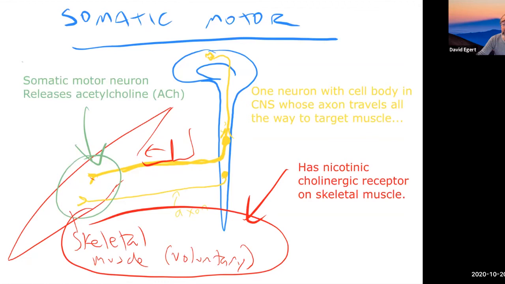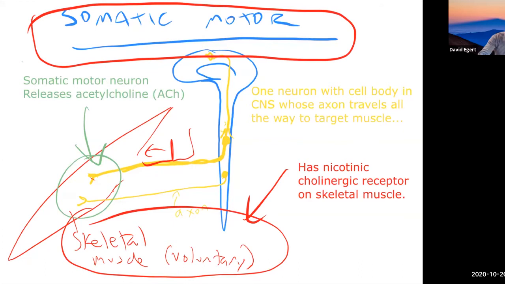That's going to be different when we get to the autonomic system. We're still going to see acetylcholine in some of the pathways, but sometimes it might make the muscle contract, sometimes it might make it relax. But on the somatic motor side, whenever you excite a somatic motor neuron to excite a muscle, it's going to make that muscle contract.